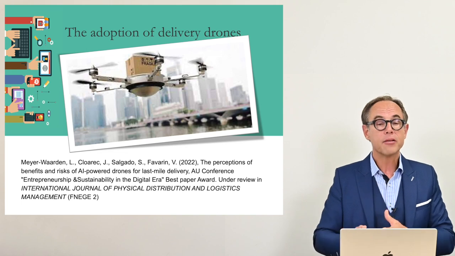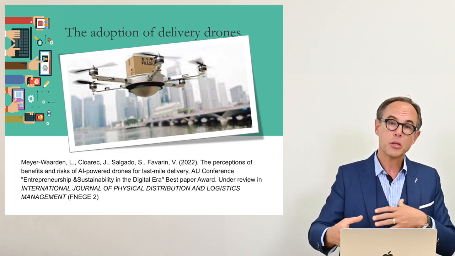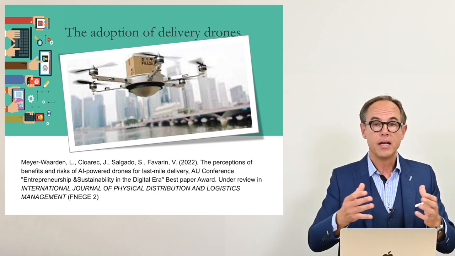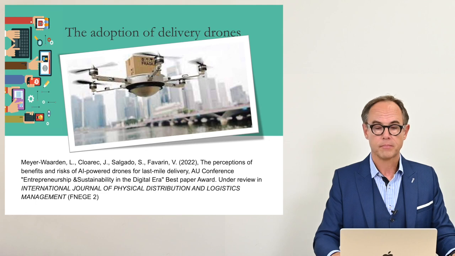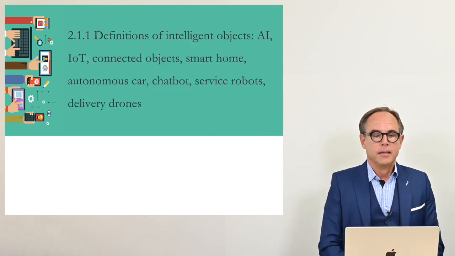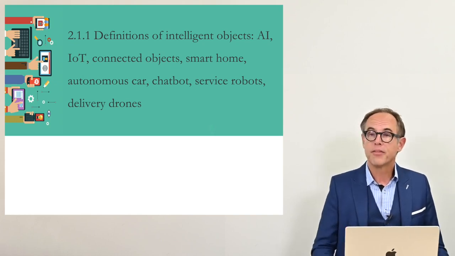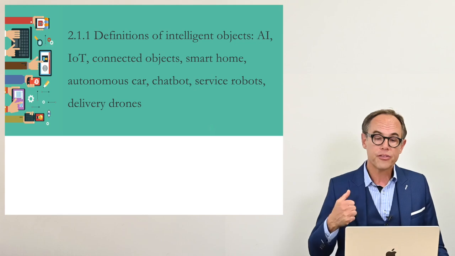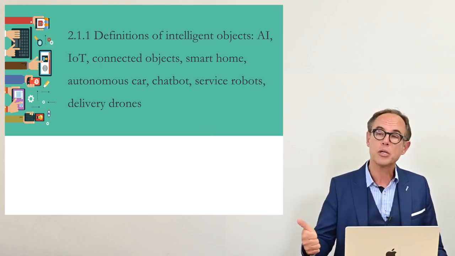You see, our research is not only in marketing journals, but also in journals which are related to AI, IoT, and other disruptive technologies. So we will start with some definitions. For your research, and for all research, it's important to start in your introduction with definitions of your concepts, but here in this case also definitions of the technologies.